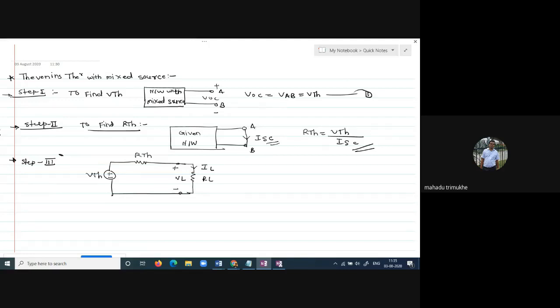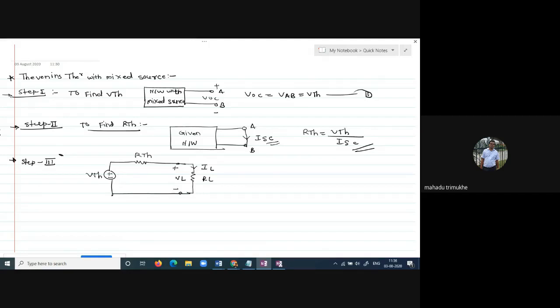Is this clear, the difference between the independent source and the mixed source? Yes, sir. For calculating VTH, for the mixed source as well as the independent source, we follow the same steps.